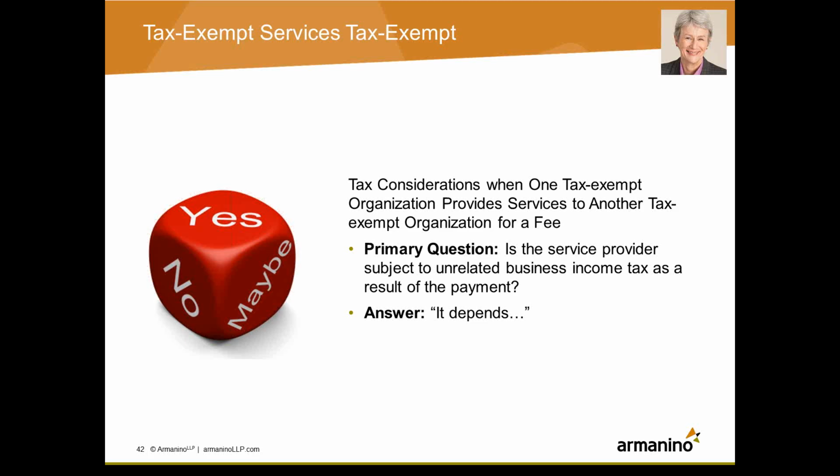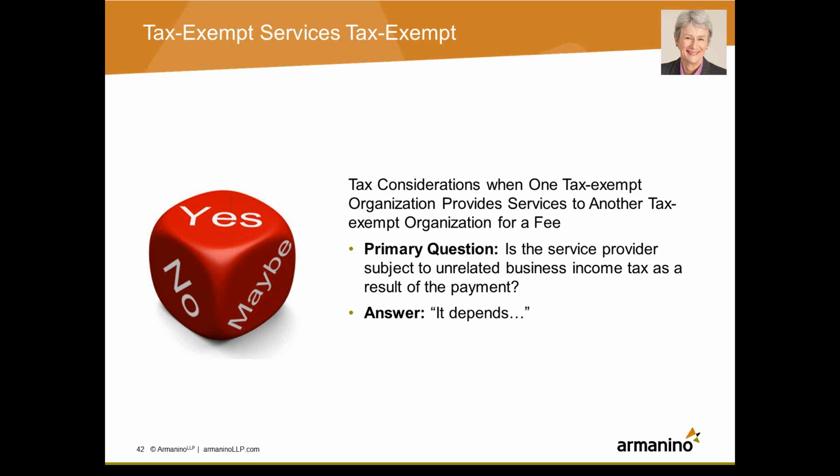The tax law defines related in a very technical way, and this is where the analysis can get very tricky. A regularly carried on business activity is related, and therefore not subject to tax, if the activity contributes importantly to the accomplishment of the organization's exempt purpose.